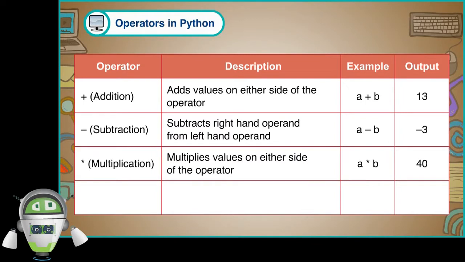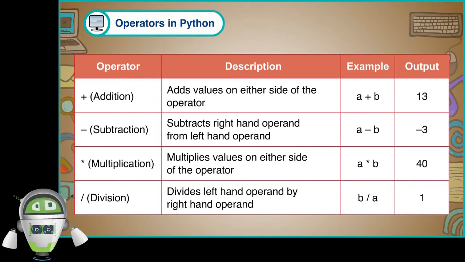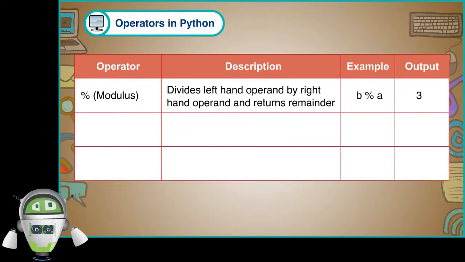Multiplication. Multiplies values on either side of the operator. A multiplied by B, 40. Division. Divides left-hand operand by right-hand operand. B divided by A, that is 1. Modulus. Divides left-hand operand by right-hand operand and returns remainder.